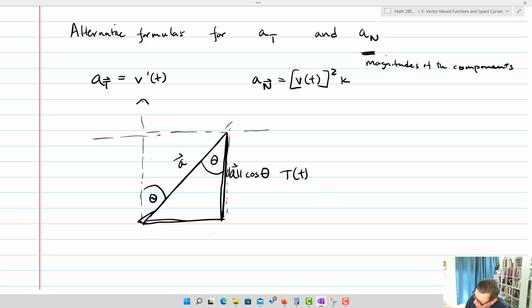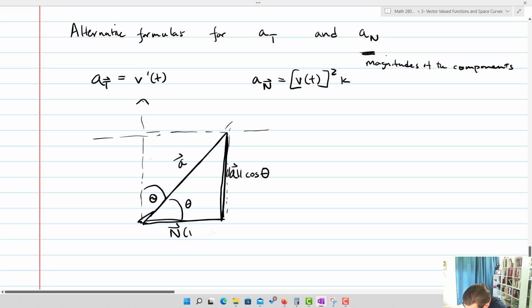Okay? Now, in addition, if I switch this and make this theta, and that's if we're working with the normal vector, then this length right here is also a cosine theta, but with regard to, we'll call it cosine theta 2, a different theta.